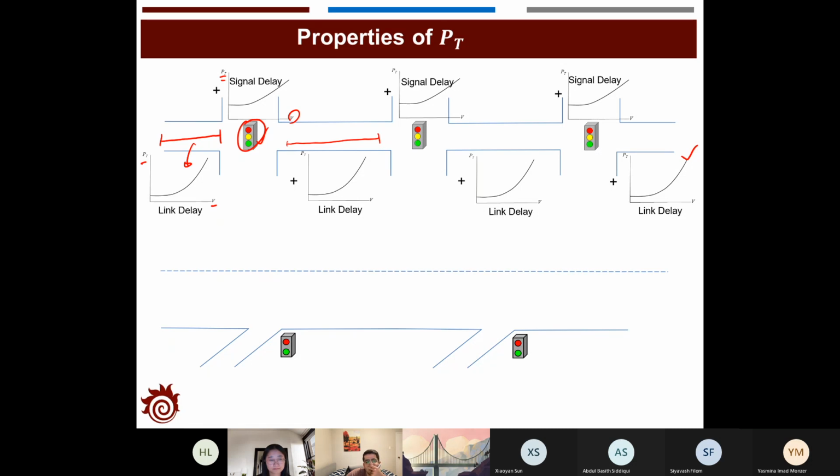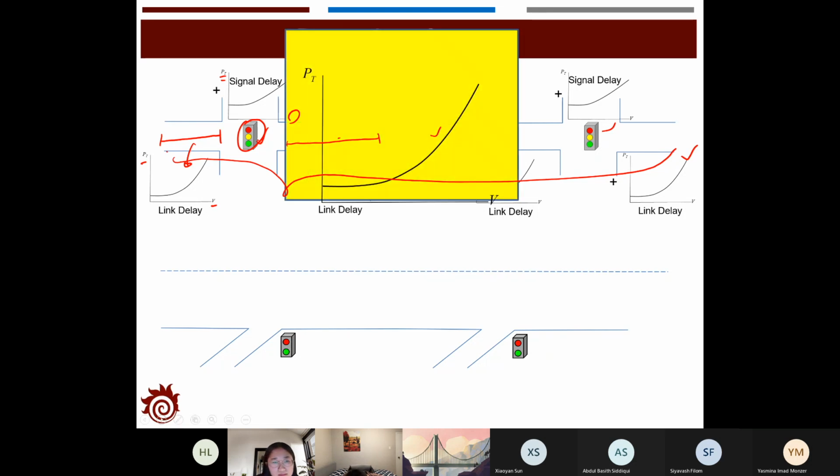So if we put them together for the entire road segment, you need to add the cost of all the links and all the intersections. And that will give you the overall relationship between the cost of the trip along this road and the volume.